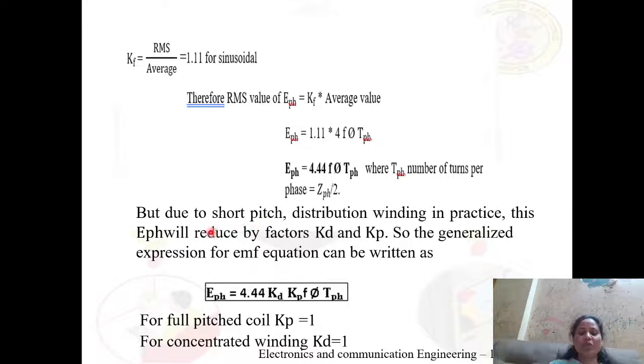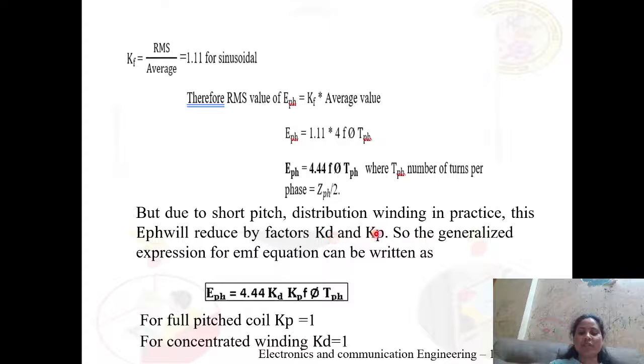Also, due to short pitching and the distributed winding used in practice, this EPH will be reduced by the factors KD and KP, the product of which we call the winding factor.